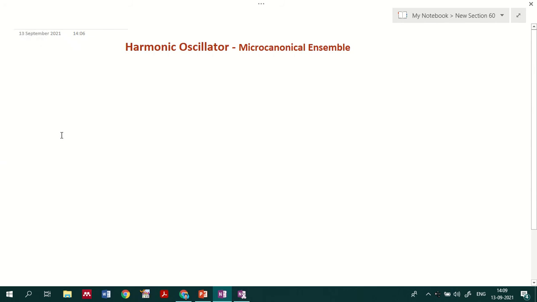Today we are here to discuss the harmonic oscillator case using the microcanonical ensemble representation. In the last class we discussed the classical ideal gas, identified the thickness and the volume of the hypershell, and finally identified the fundamental volume of a single microstate, that is omega 0, which is equal to h raised to 3N.